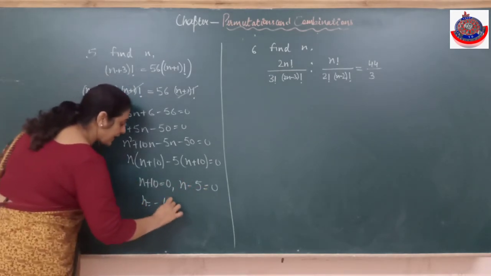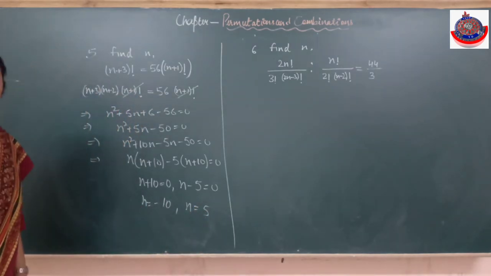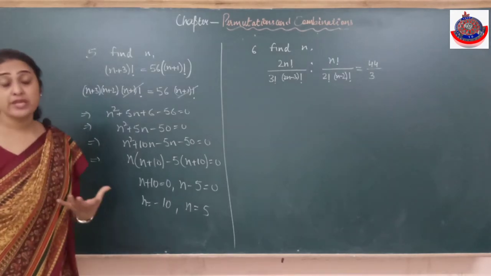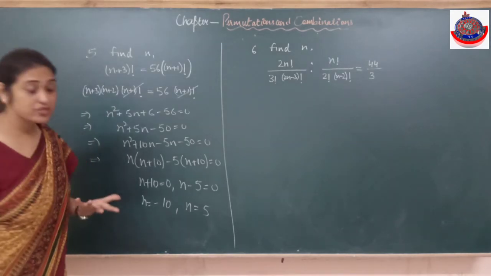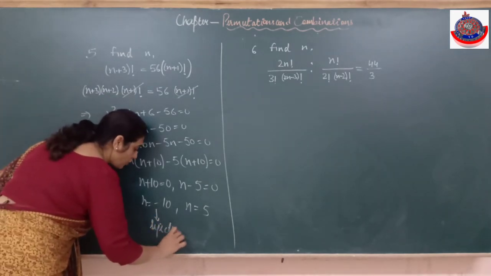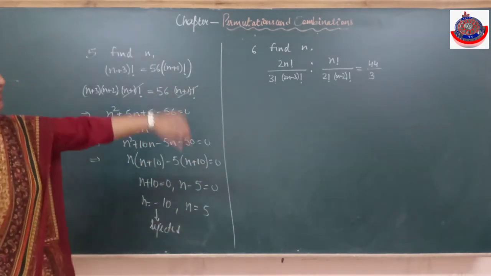N is minus 10 and n is 5. Can we take n is equals to minus 10? Children? No, we cannot, because I told you when we put a note, n cannot be negative or a fractional number. So this is rejected. So what is the value of n? That is n is equals to 5. Clear?